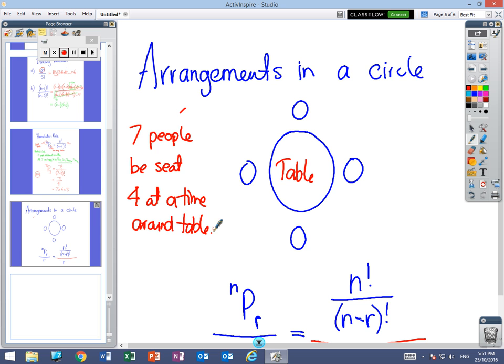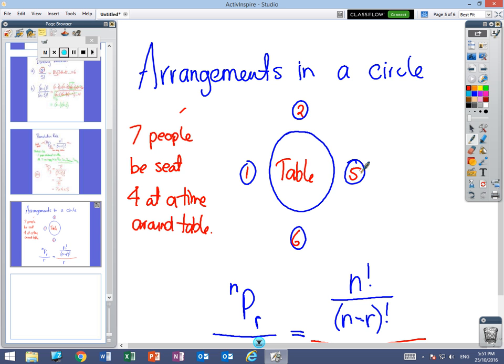So it could be person 1, 2, 3, and 4. But that would be different from 1, 2, 3, and 5, which would be different from 1, 2, 3, and 6. But that's also different from 1, 2, 5, and 6. So there are a lot of combinations. You don't necessarily have to fully understand how this rule is developed, just that it's different from a straight line.